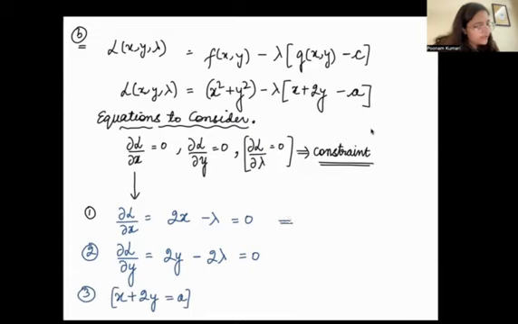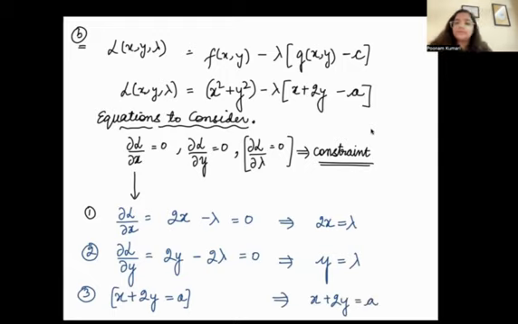So what is my necessary condition? 2x equals lambda, 2y equals 2 lambda. So that means y is equal to lambda. And from here, x plus 2y is equal to a.